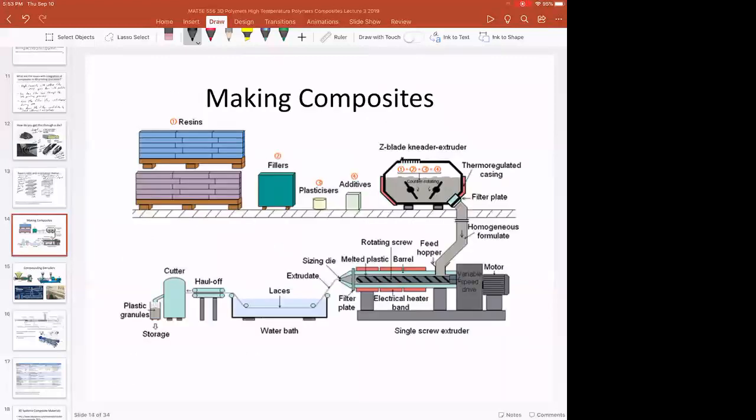So in order to make a composite, all you do is call a compounding company. As we do this, this is usually called compounding.